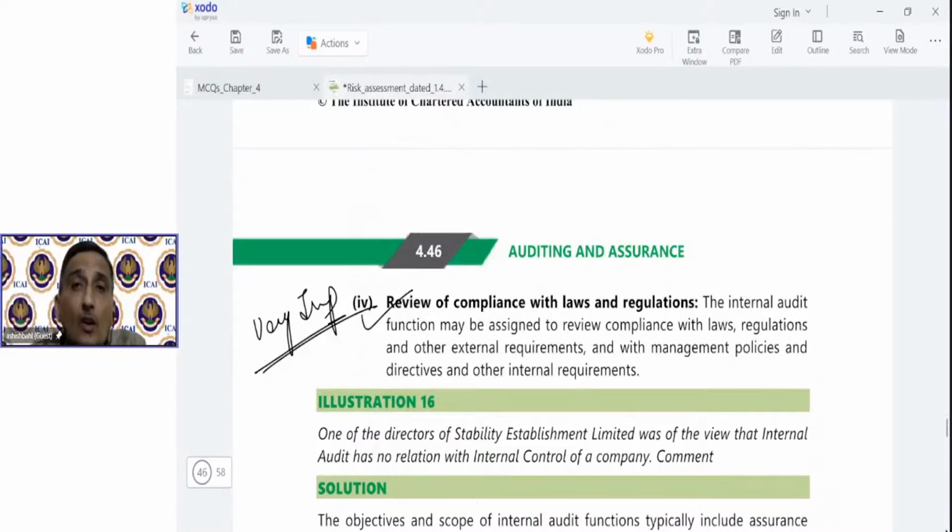It complies with all laws, all regulations. So the internal auditor has to see whether the company is complying with all the laws. He would be undertaking a review of compliance with laws. Check box and tick: these were the due dates, these were the deadlines, have these been met or not? So that is a very important requirement.